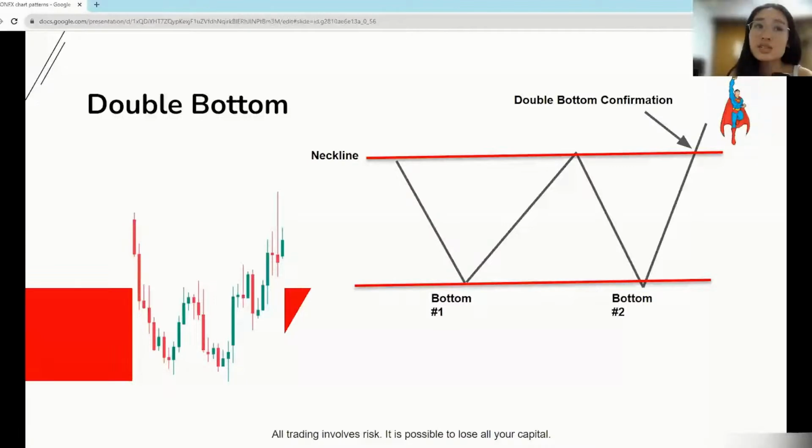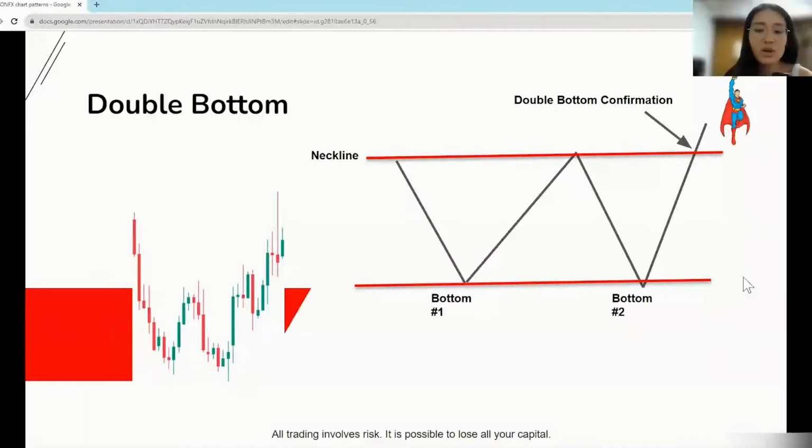So kind of opposite of double top, we have the neckline, instead of being on the bottom, it's on the top. And then instead of having two tops, we have two bottoms. The double bottom confirmation, similarly to double top, happens once price surpasses the neckline. The double bottom reflects very strong levels of support, as you can see here.